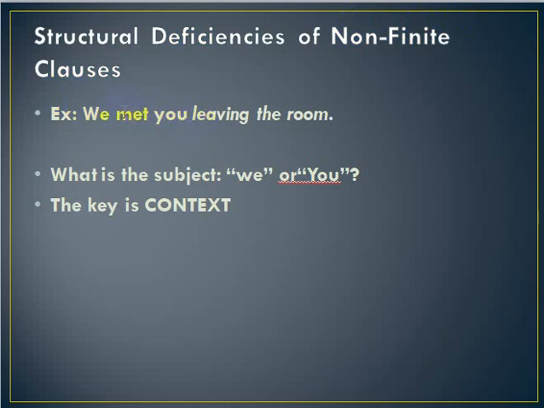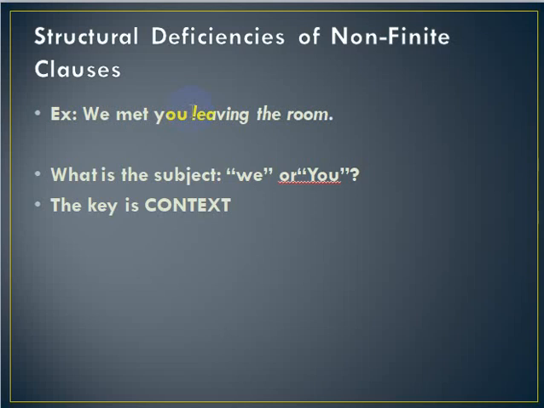Now, if we say we met you when we were leaving the room, the subject of the non-finite clause is we. Good.